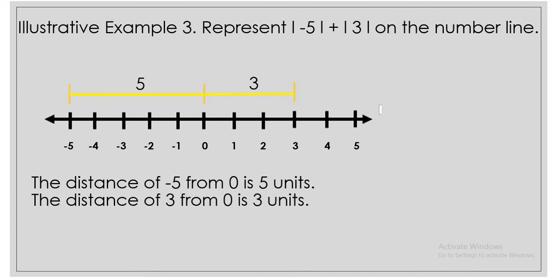The distance of 3 from 0 is 3 units. Thus, the absolute value of negative 5 plus the absolute value of 3 is equal to positive 5 plus positive 3, which is equal to 8. So the total distance represented on the number line is positive 8.